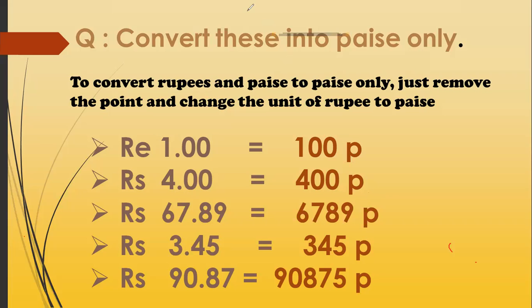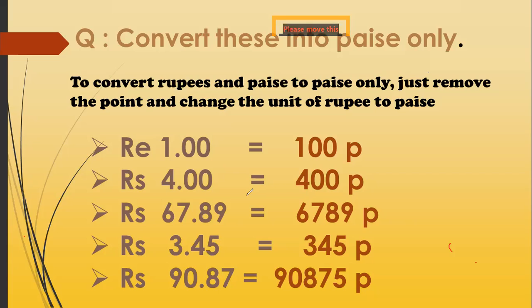Now the fourth example is rupees 3.45. What we will do, we will just remove the decimal between the numbers and write 345, and then we will write the unit of paisa.